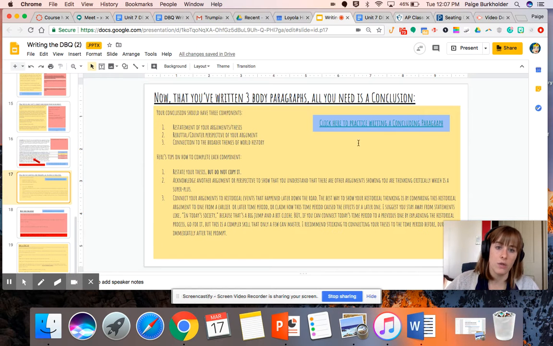Okay, so once you are done with your 3 body paragraphs, you need to write your conclusion. Students get hyper-focused on the conclusion because I think they get kind of confused about what needs to be in there. The conclusion is just a restatement of your thesis. You just take your thesis and you reword it in a way that explains the overall impact of this entire essay.